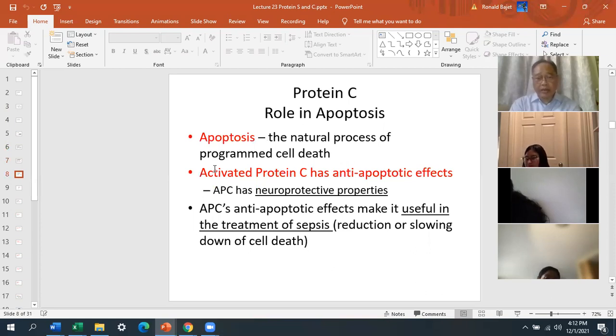You also recall apoptosis. Apoptosis, as you recall, is the natural process of programmed cell death. Okay, so you remember in the leukemia lectures, apoptosis takes place, but in the presence of an oncogene, an oncogene will approach a cell that is programmed for dying, and it'll convert that cell that's programmed for dying and turn it into a cancer cell.